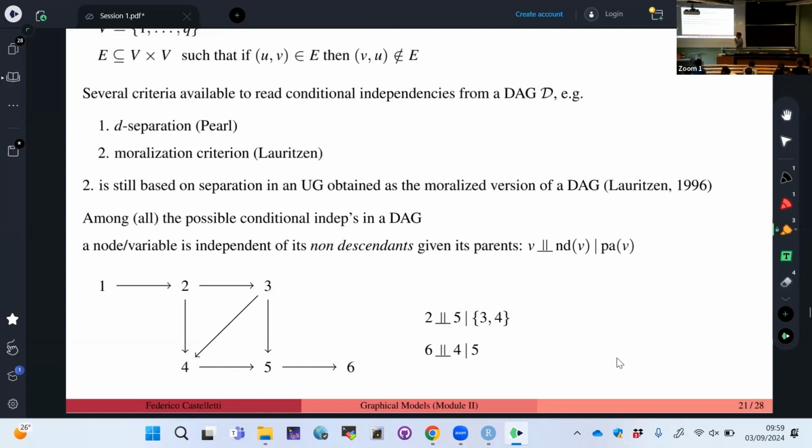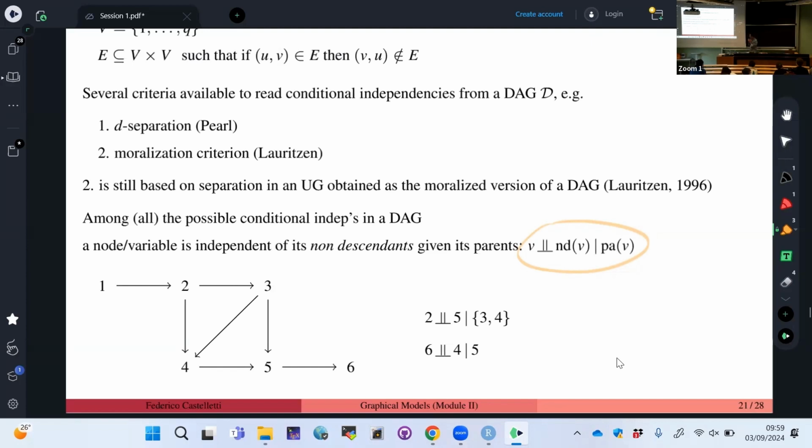For example, for node 5, 2 is a non-descendant and 1 is a non-descendant, because the parents are 4 and 3. And so this is something that we can write in this way here. V is independent of its non-descendants given its parents.